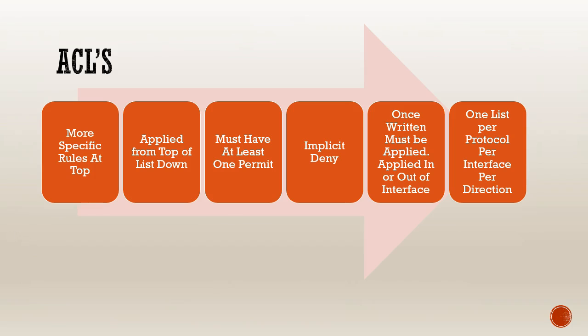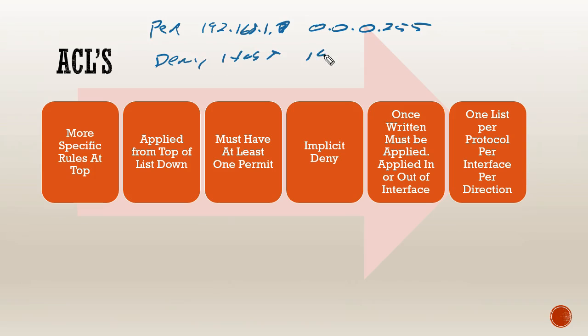So with an access control list, there's kind of a flow here. More specific rules go at the top, because if I had permitted the 192.168.1.0 network, that entire network, and then I go down here and deny host 192.168.1.37, it'll never get here, because 192.168.1.37 goes to the first statement and says, oh okay, I'm permitted, and it doesn't look any further down the list.